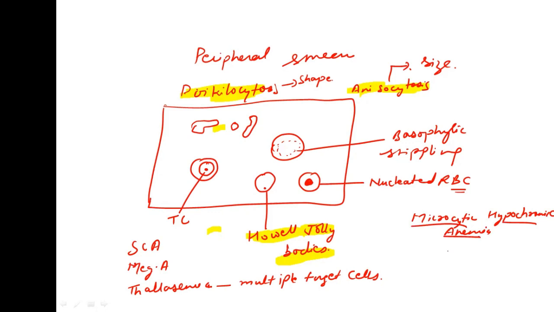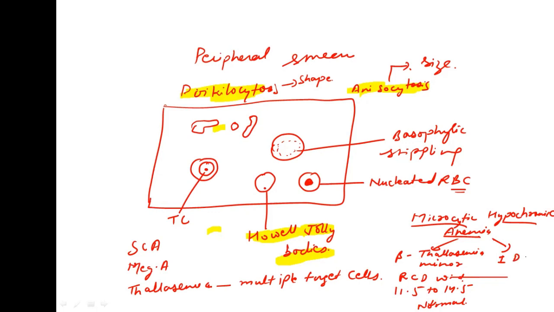Microcytic hypochromic anemia. In case of microcytic hypochromic anemia, you can see there is beta thalassemia minor, right? That means the red cell distribution width is 11.5 to 14.5, which is normal. But second thing, you can see iron deficiency anemia, right?